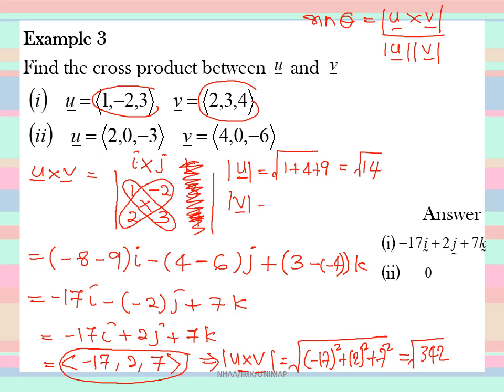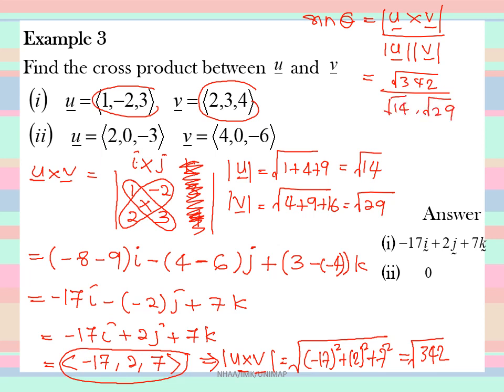The magnitude of v is 4 plus 9 plus 16, which is square root of 29. Apply all these values in the sine formula: square root of 342 over the square root of 14 times square root of 29.